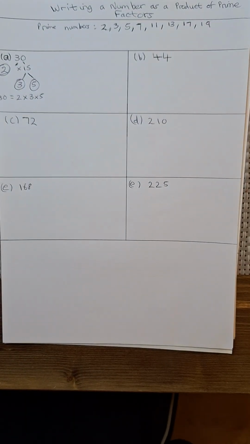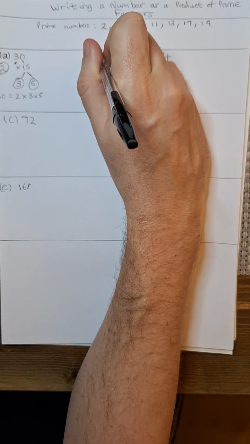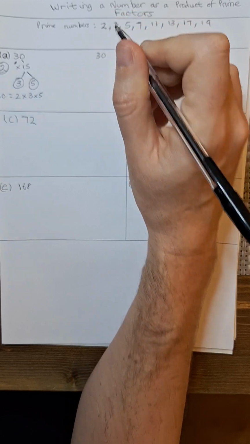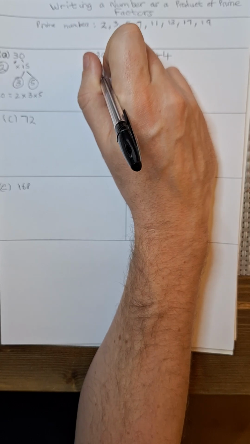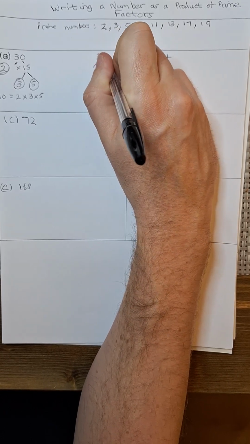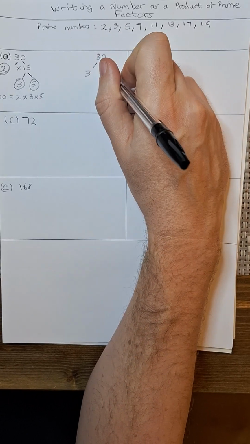Now, what you'll see as well is if we chose to do it a slightly different way, we'd still get the same answer. So we had 30 here. So rather than dividing it by 2, I know through mental maths that 30 equals 3 times 10.